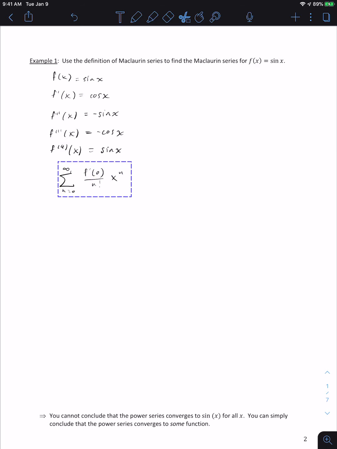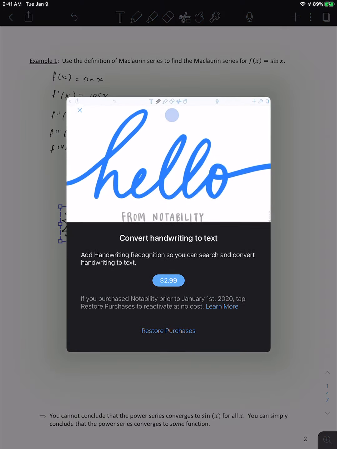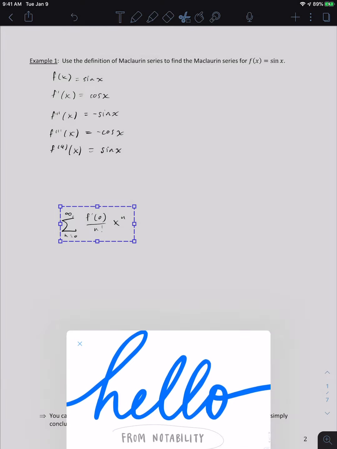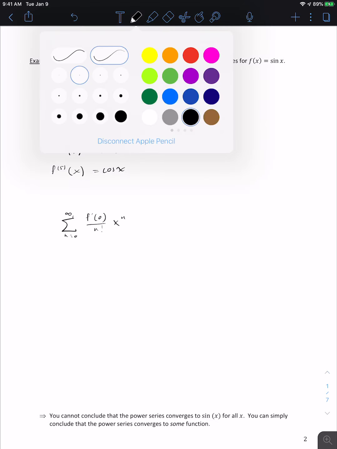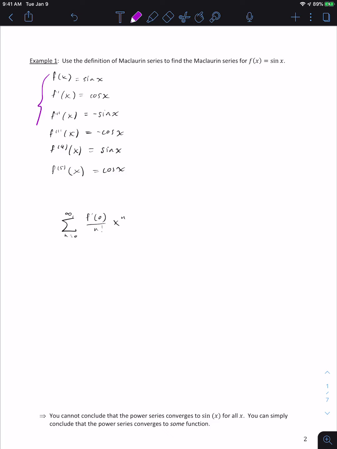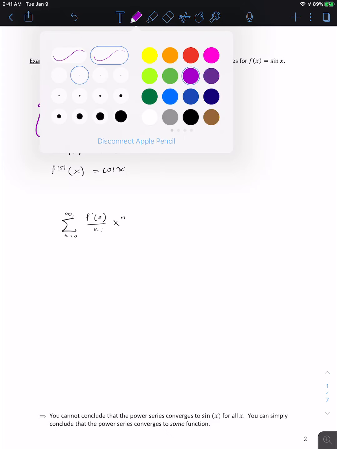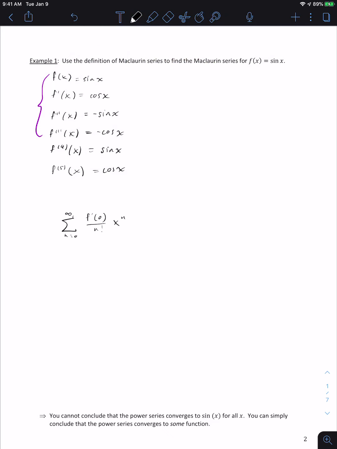So in other words, remember after the third derivative with sine and cosine, we know that it repeats, right? And just for fun, let's do the fifth derivative as well, which would be cosine of x. So again, we know that after the third derivative, this guy repeats. So we'll have a pattern for writing infinitely many terms.